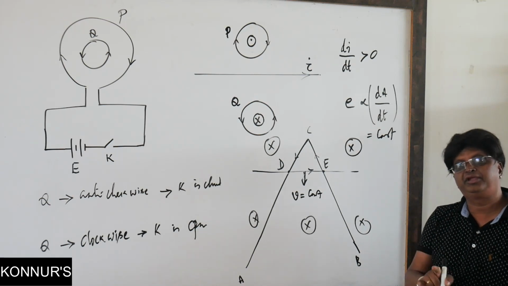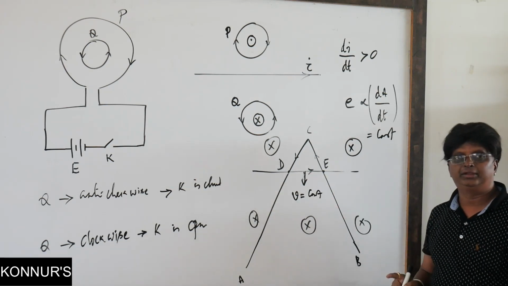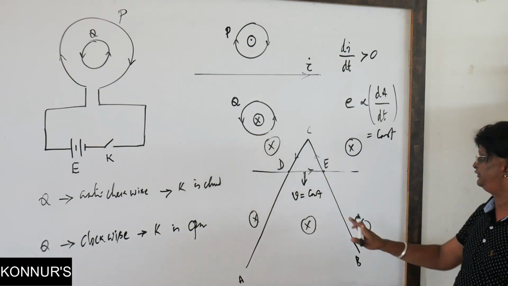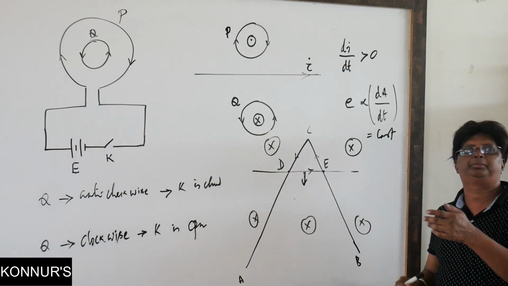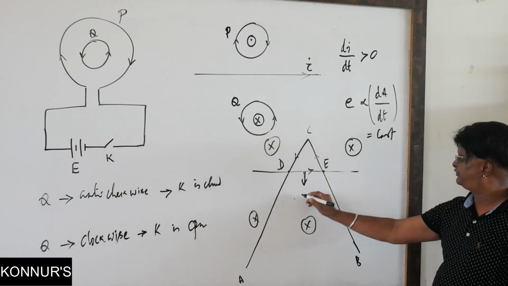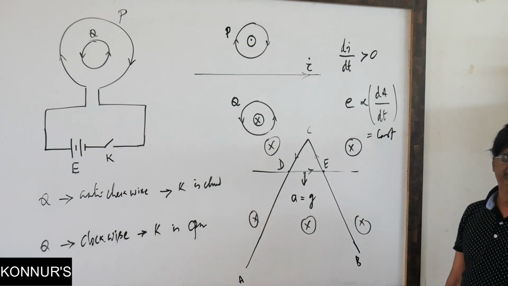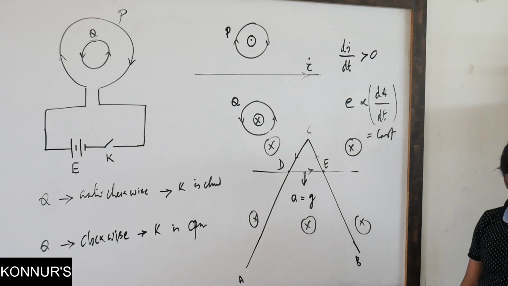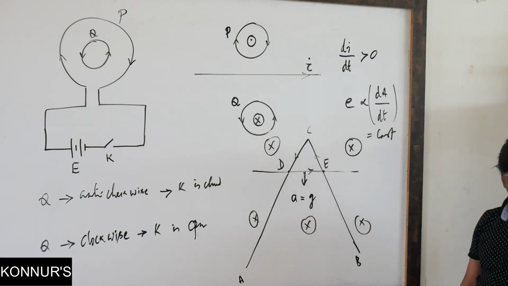Now what will be the change that is possible here? Supposing it is said not to slide with uniform velocity, rather it is allowed to slide freely in the vertical plane, then what happens? Then this fall will be with the gravity acceleration a equal to g. Supposing v is equal to gt, then what is the possibility?